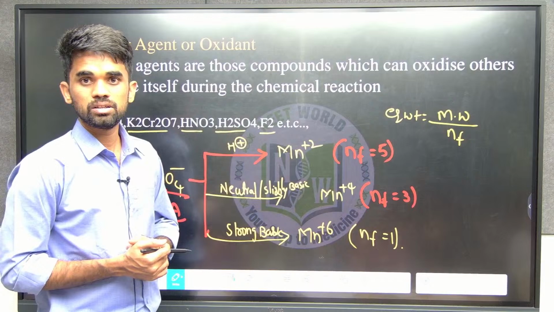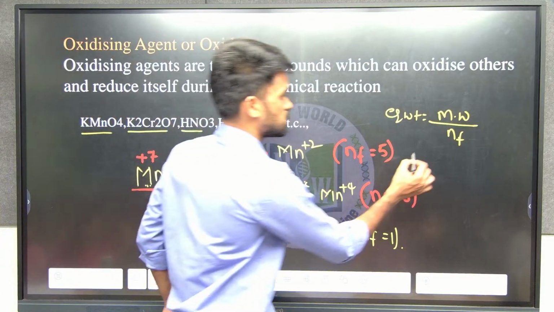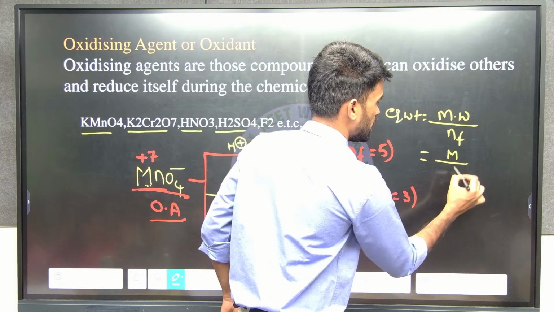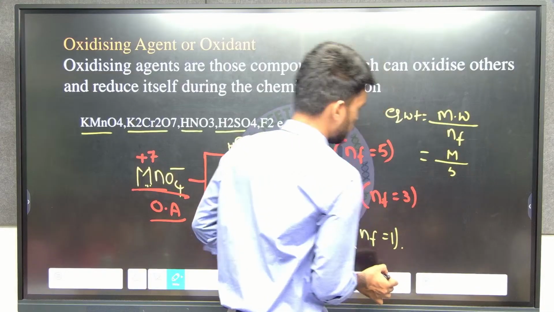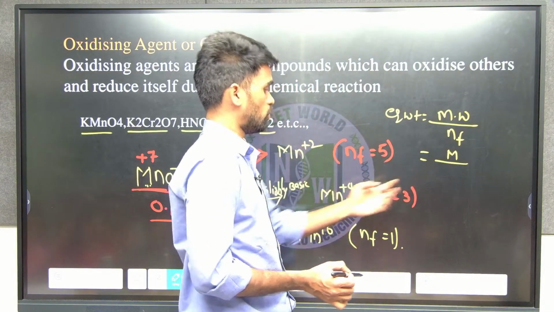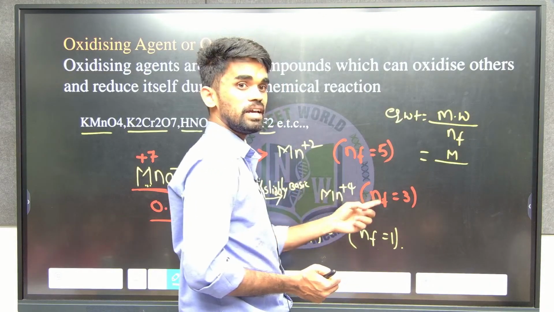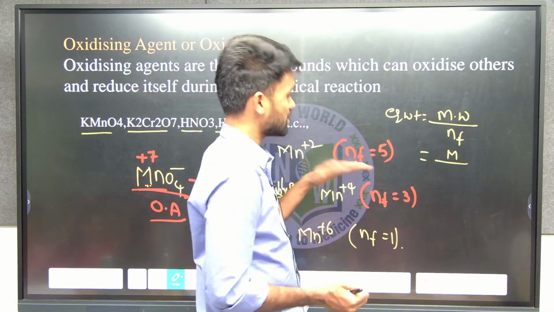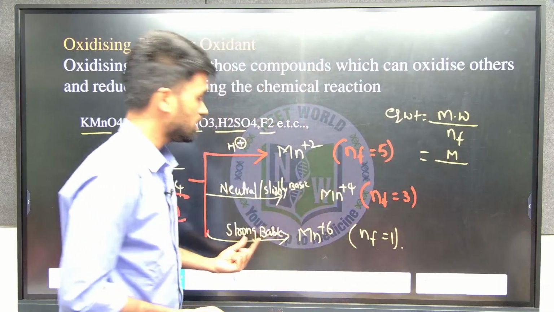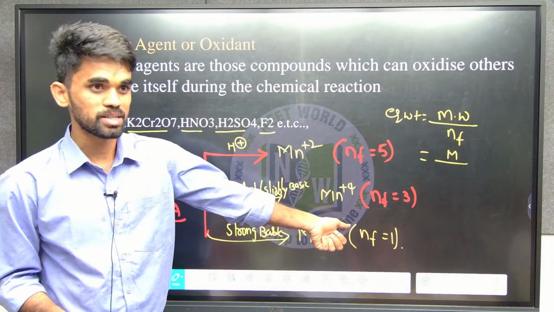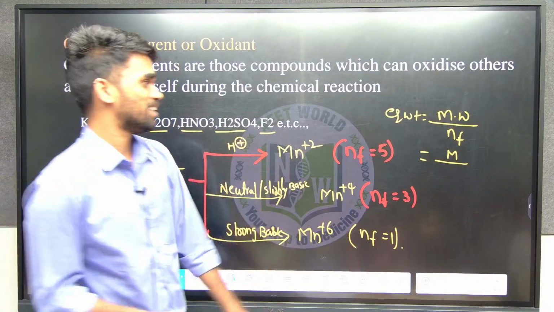You take its molecular weight divided by the N factor: 5 in acidic medium, 3 in neutral or slightly basic medium, and 1 in strong basic medium. Is this clear or not what I am saying? Yeah, that's it.